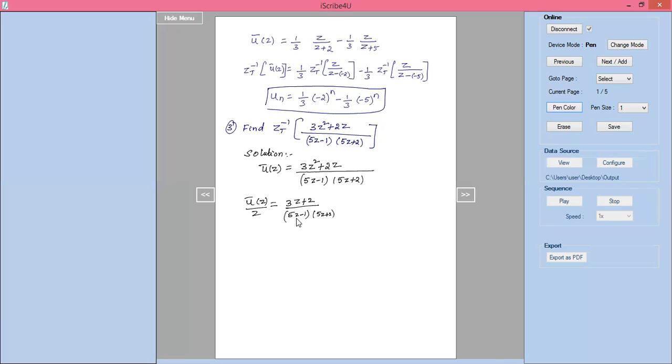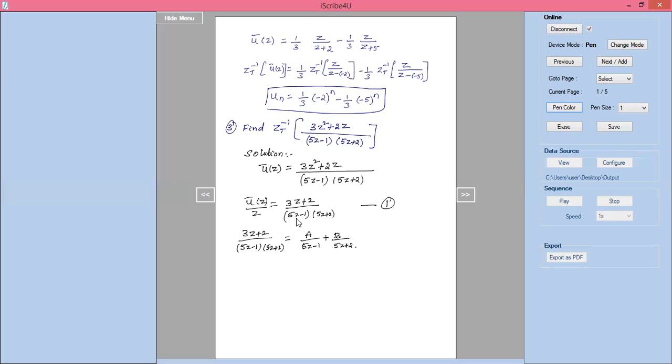This is equation 1. Now I can write this equal to a divided by 5z minus 1 plus b divided by 5z plus 2.